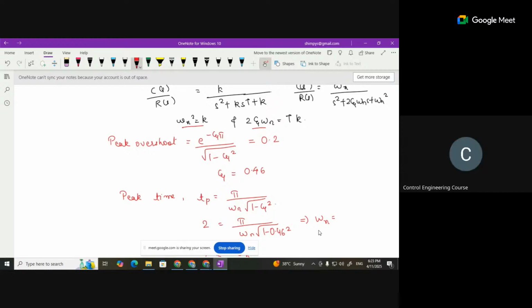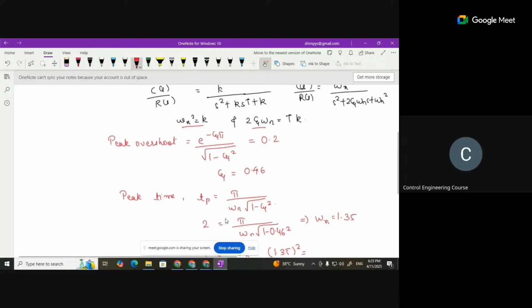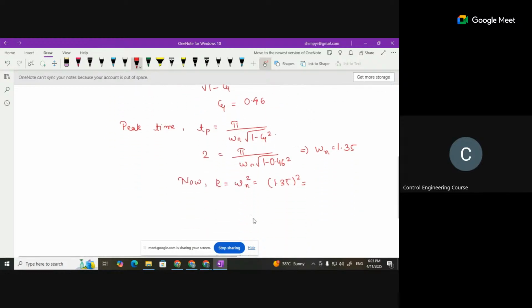Omega n around 1.35, right? So omega n square will be 1.35 square. And once you have got the value of k, we can compute our t from this expression. So find out this.